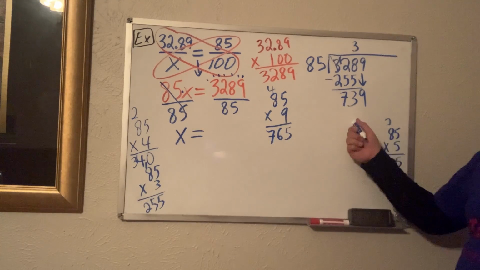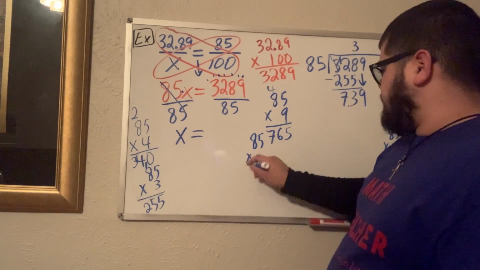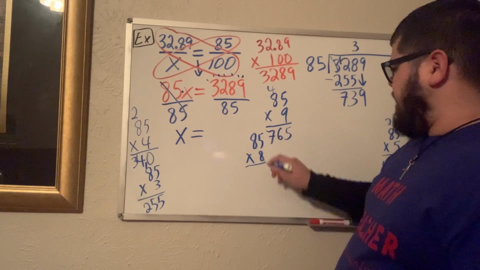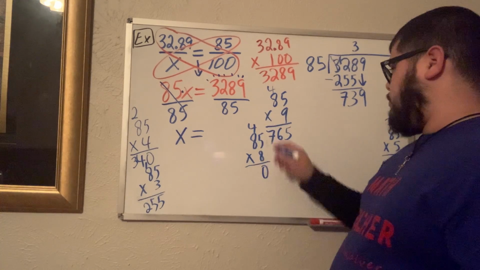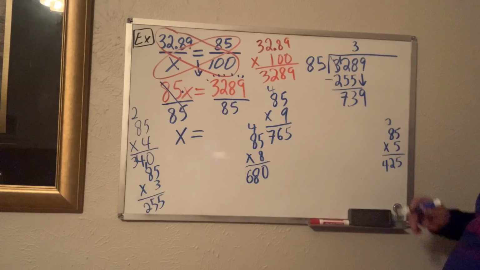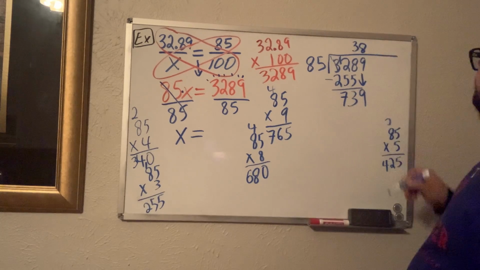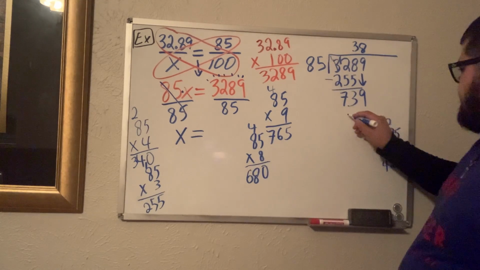That's too much, right? So we have to do 85 times 8. 8 times 5 is 40. Carry my 4. 8 times 8, 64 plus 4, we get 68. So 680. That'll work. So we get 8. 85 times 8, we get 680.